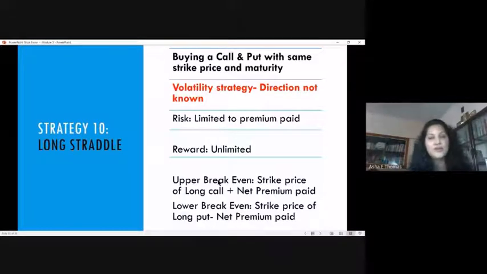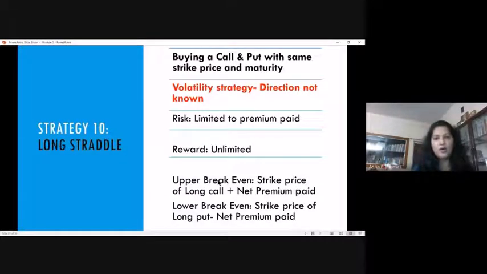Because I get 5,000, but actually I'm not getting 5,000, because I already paid 100 or 1,000 as my premium, so I have to deduct it. Because this is a combination, we come up with the concept of net premium.